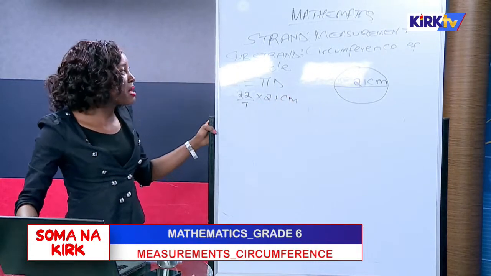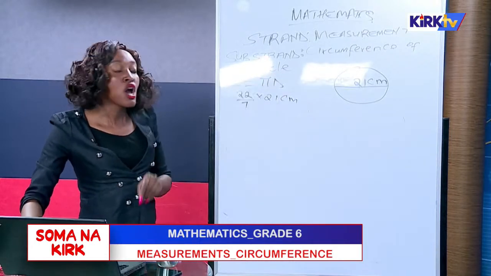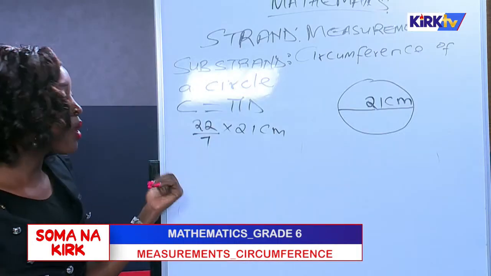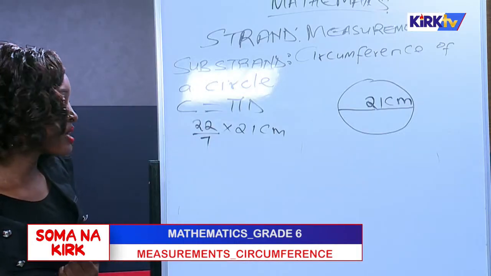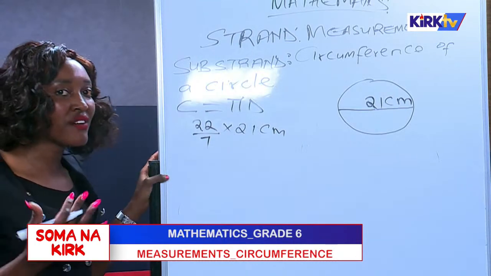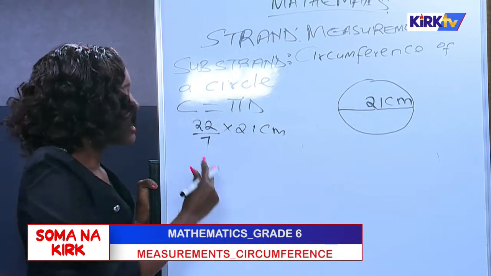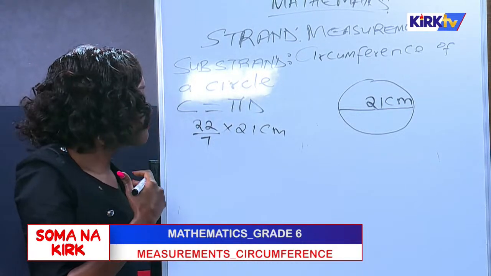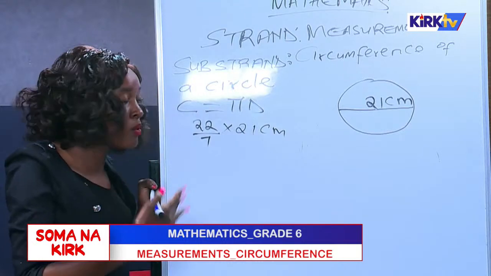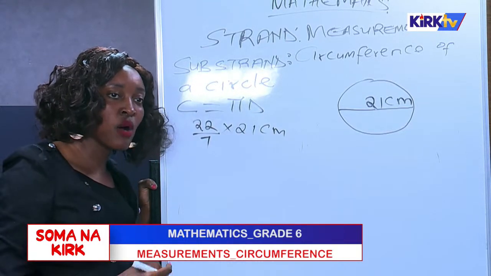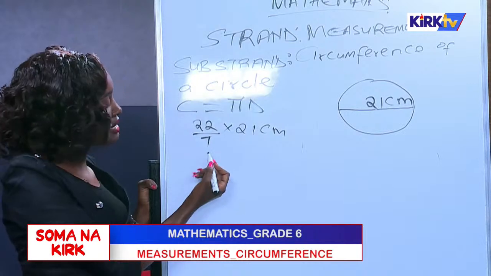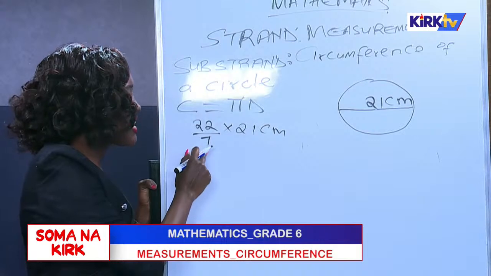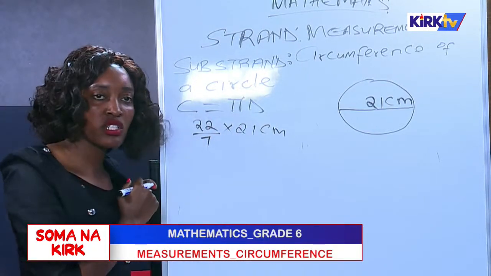Remember, for these sums, you have to be very smart in the multiplication table of 7. For us to make it easier, we simplify the denominator and the numerator, finding the common number that can simplify both without a remainder. So here, 7 cannot simplify 22, but 7 can simplify 21.